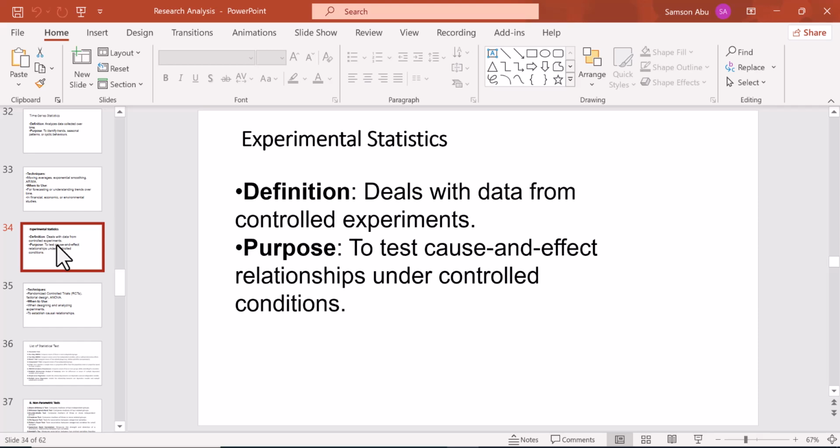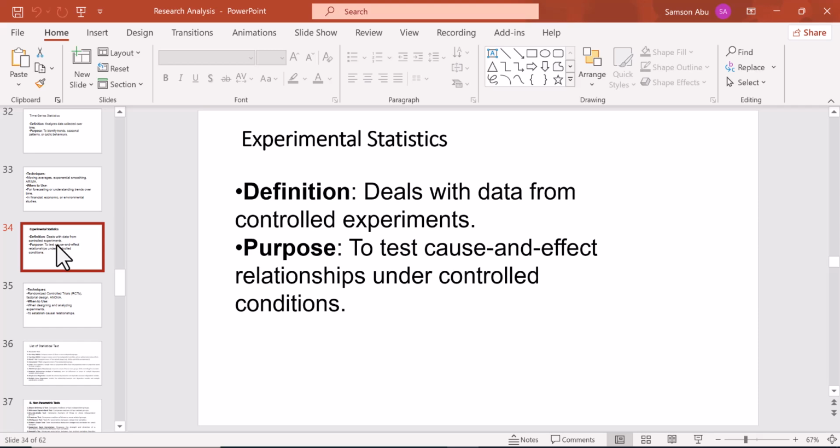Let's assume you are checking hyperlipidemia in a particular animal, and you give them one particular treatment, and then you observe the weight. This one is a treatment group, this one we did not treat, and this is what we observe. It means that if we treat, they tend to add more weight, but if you did not treat, they tend not to add any weight. So that is to test cause and effect relationship under a controlled environment.